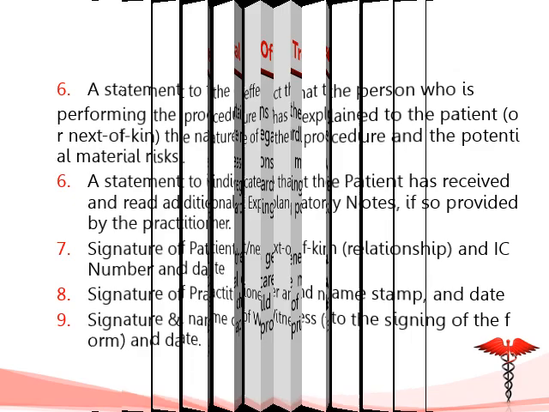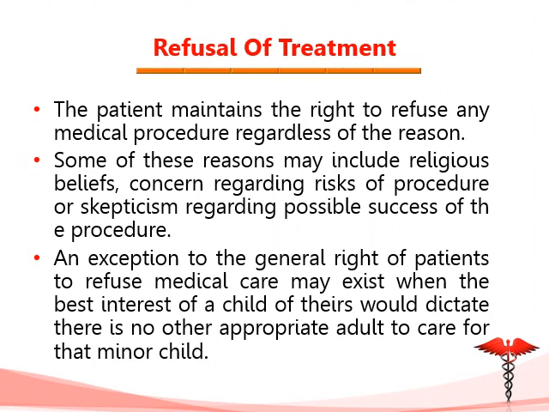This should be prepared in two forms, one with the patient and another in the medical record. Okay, after all that, if you are doing all this and the patient suddenly says, no, I don't want to perform your procedures, and he insists, and you are trying to convince him without any good reasons, at that time you should take what we call a refusal of treatment.